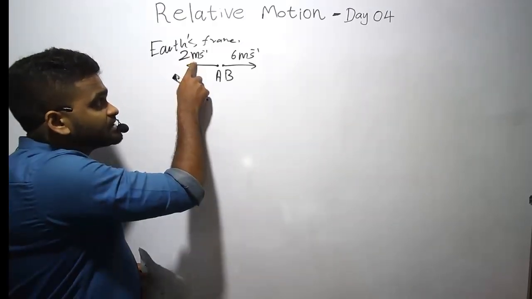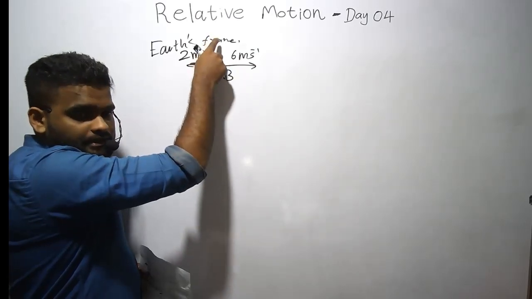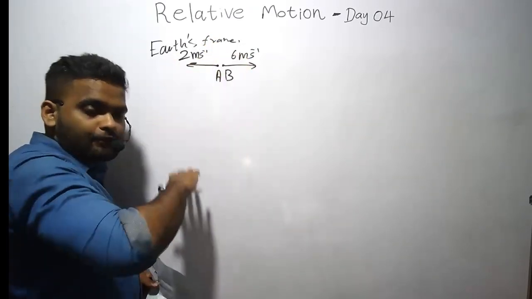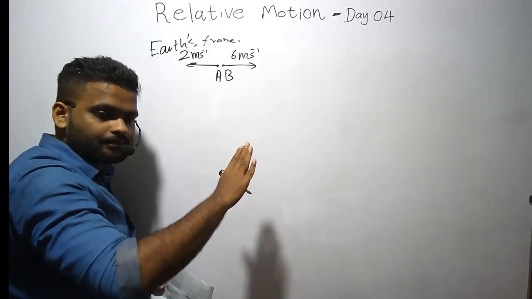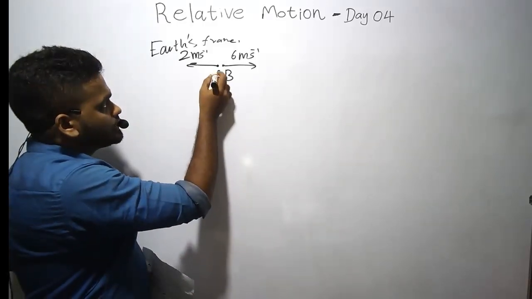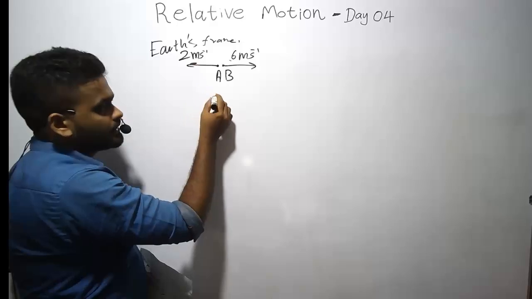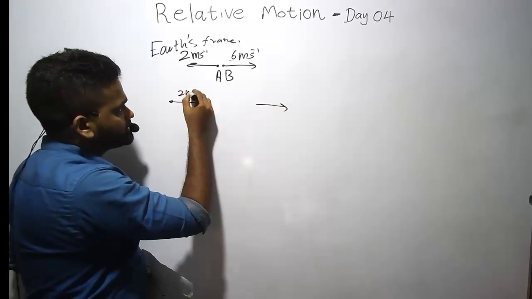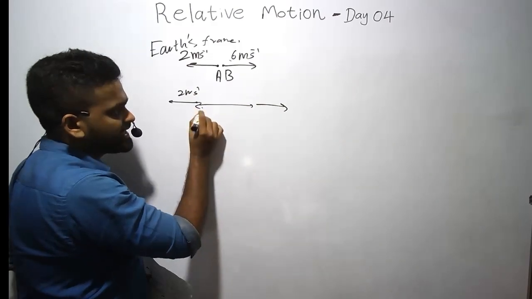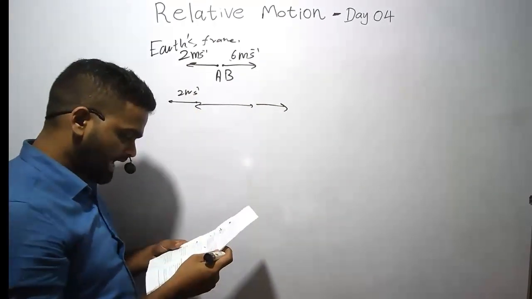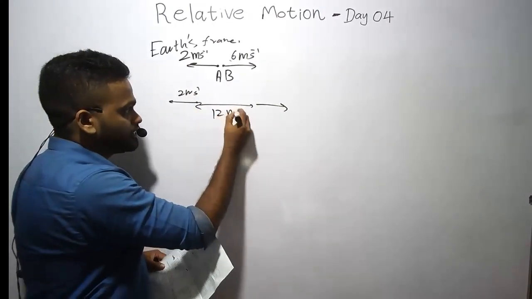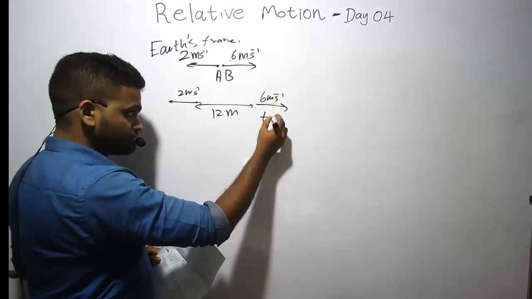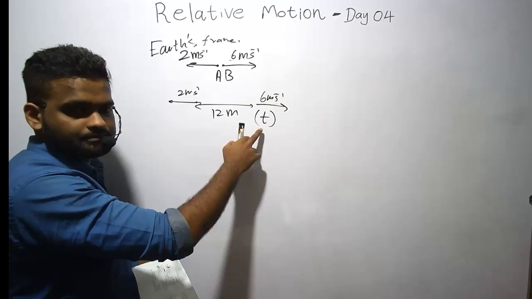So this 2 meters per second, 6, everything is relative to Earth here. Then after a while, what happens? Their gap increases. The gap has increased to 12 meters. What they ask for is the time.